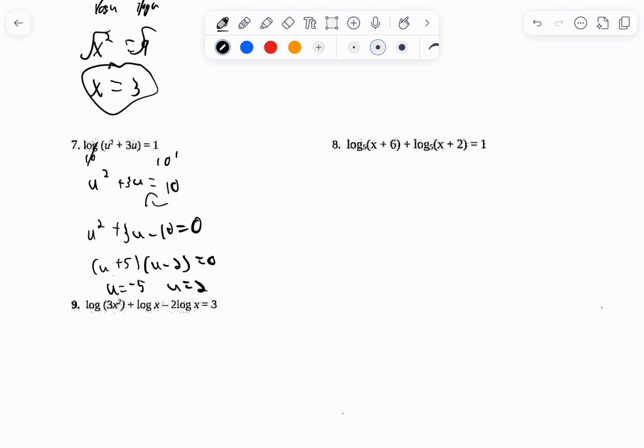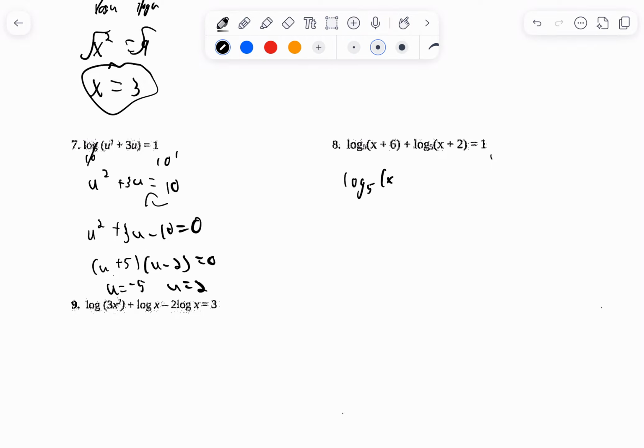Okay, and then we have this monstrosity of a problem. Okay, so we're going to take the 5 out of here and we're going to put the 5 over here. And yeah, actually, you know what we can do? We can group it together first of all.